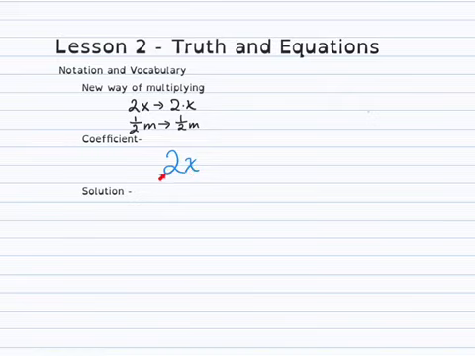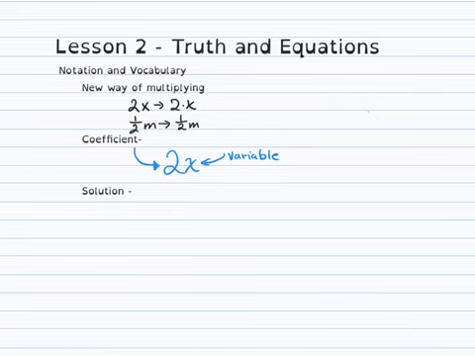This number gets a special name because I'm multiplying it to my variable. This number becomes the coefficient. So in 2x, we would call 2 the coefficient and we would call x the variable.